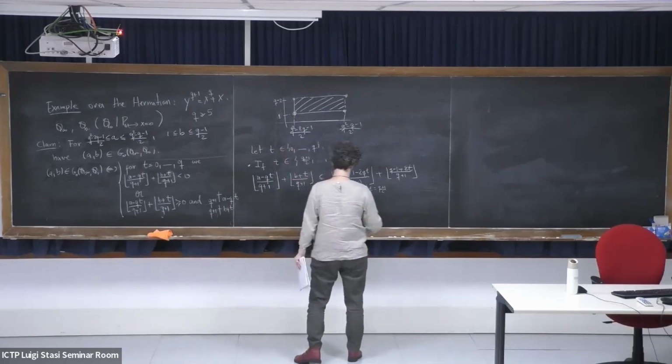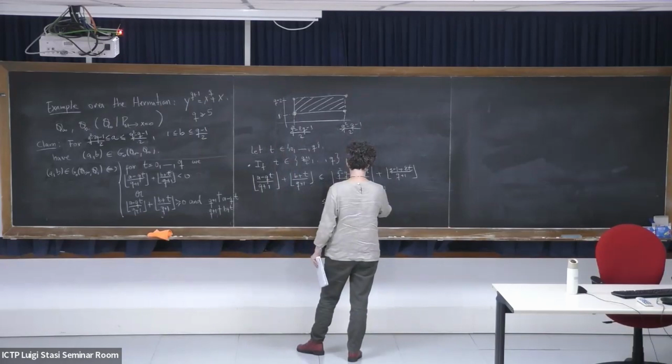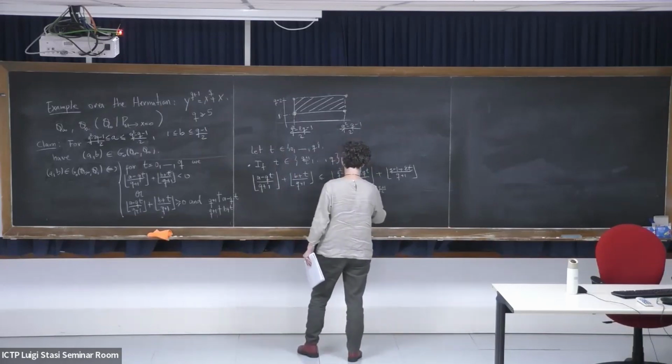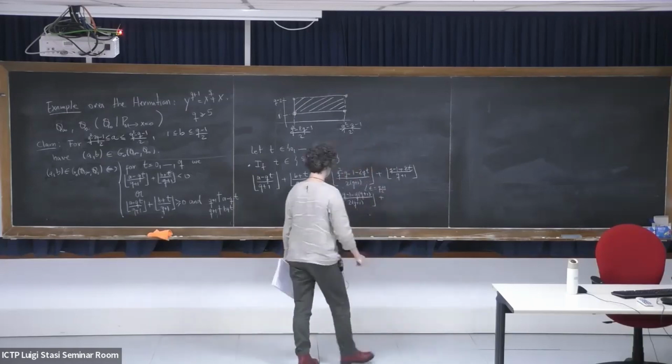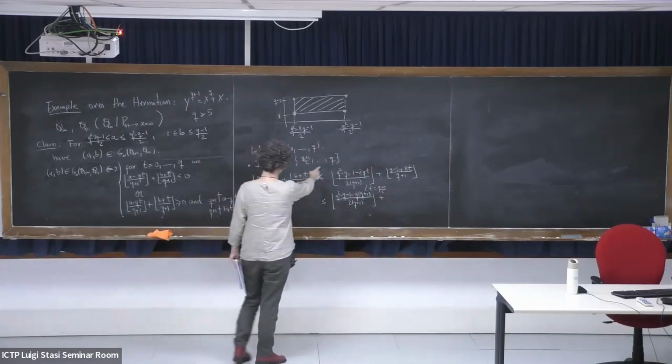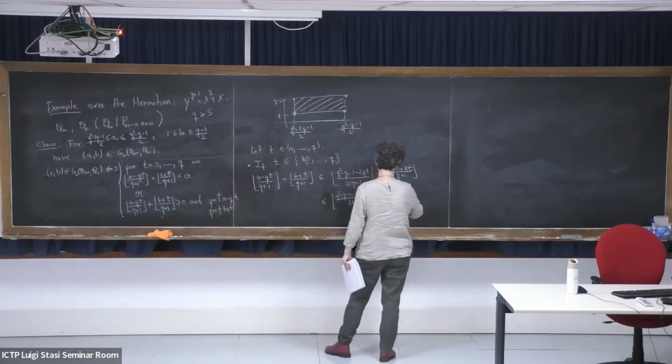And here, the largest value of T is just Q, so here I get Q minus 1 plus 2Q over Q plus 1.